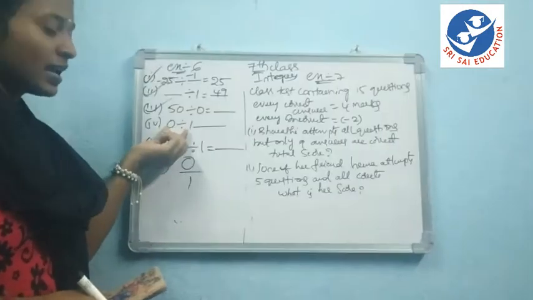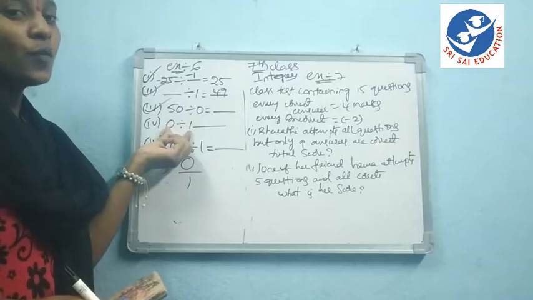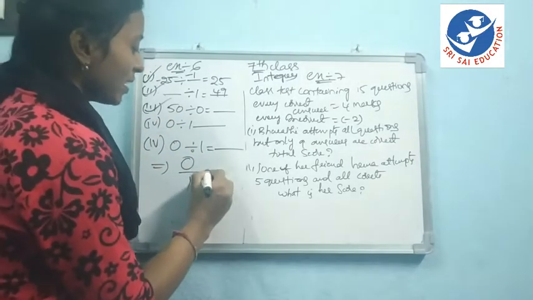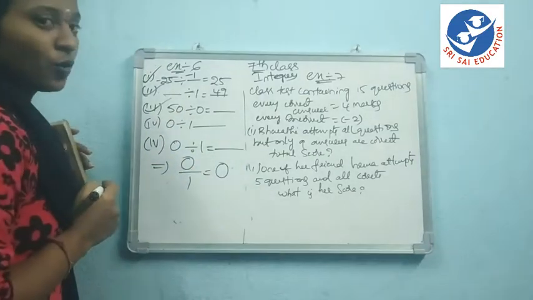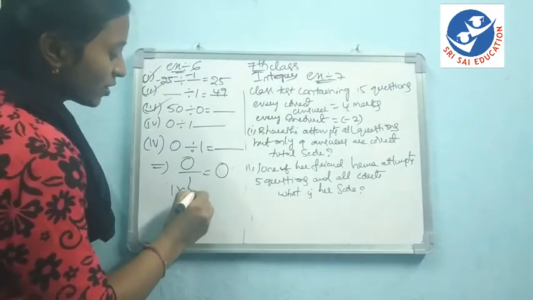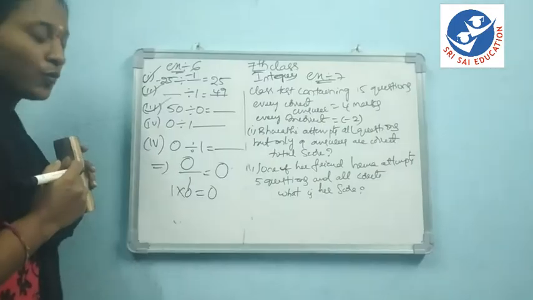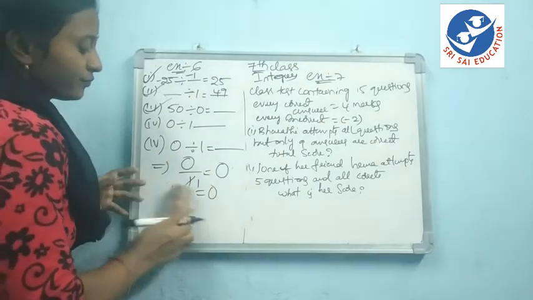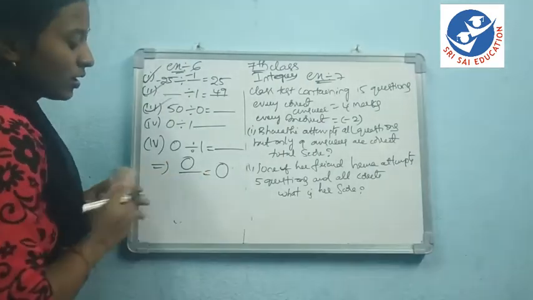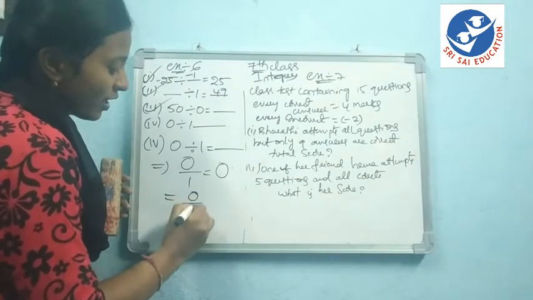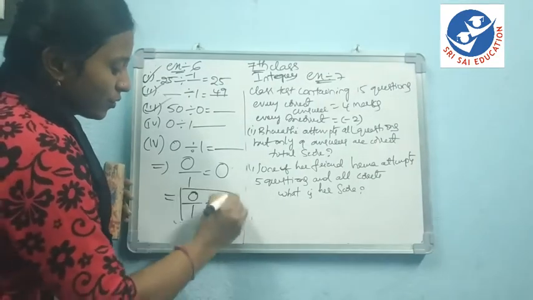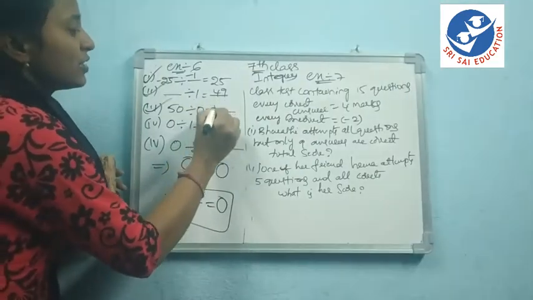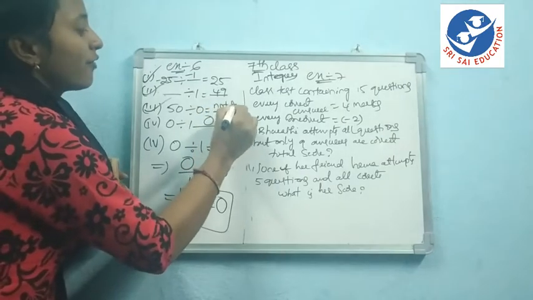But in this case, 0 is the numerator. 0 by 1 means 0. That is 1 into 0, 0. So 0 by 1 equal to 0.